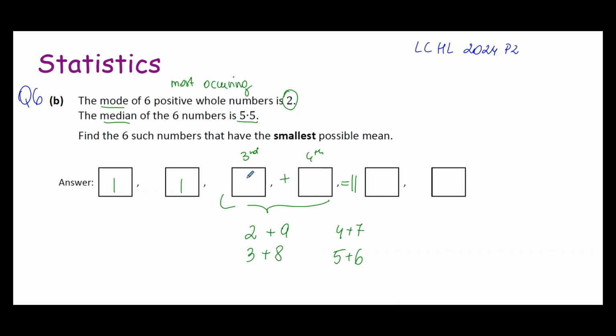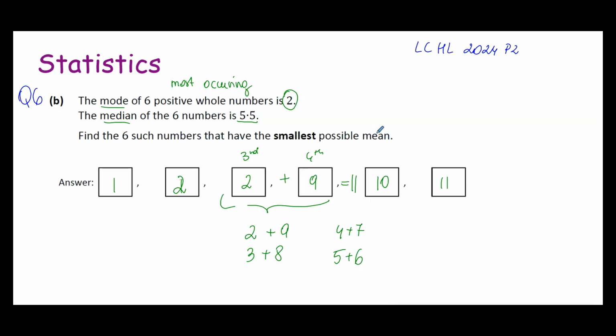So definitely, if I'm putting 2 here, here has to be 2, because the next one has to be 9. So I know for sure that I have 2 and 2. Now, since they are in order, the next one is 10, then 11, but maybe different numbers. How do I know that they follow that way? Now, here we have to find 6 such numbers that have the smallest possible mean.